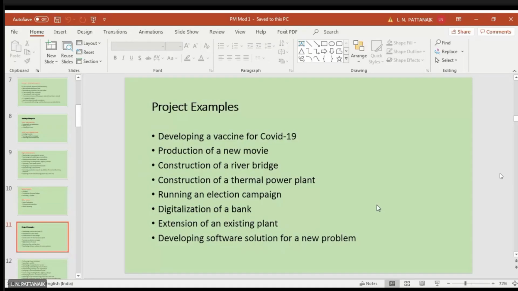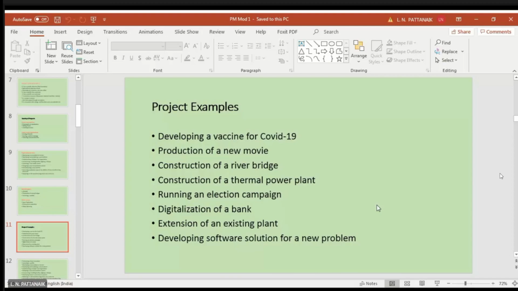But suppose they thought that to compete with their peers, they want to digitalize the bank. So the bank may take this work request to some IT company. Suppose Infosys digitalizes the whole bank chain throughout India. So that is a project. Suppose the railway IRCTC, it is a project when it started. When it started, it was a project.